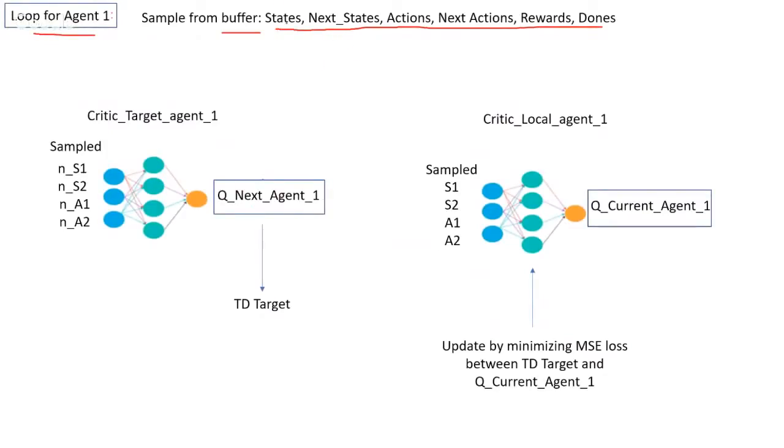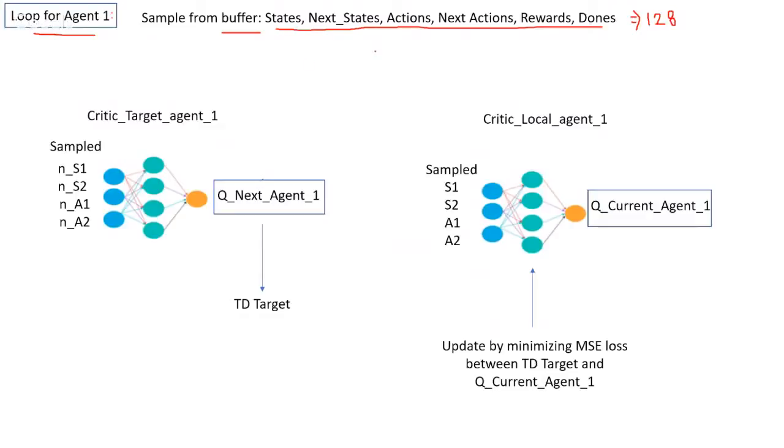But they belong to each other, right? The states, next states, actions, and next actions all belong to one tuple of S, A, R, S prime, A prime. But they are all stacked. You know all this already from DQN and the continuous control and navigation projects. So we sample these. Let's say your batch size is 128.